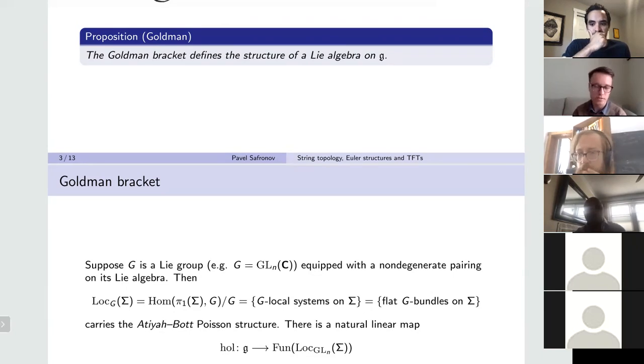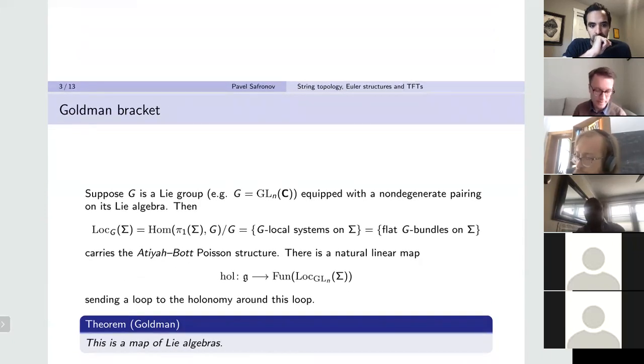And of course, it's G-invariant. Okay, so there's this natural linear map, and the claim of Goldman is that this map is actually a map of Lie algebras. So it intertwines the Goldman bracket on Ĝ and the TFT Poisson bracket on the algebra of functions.